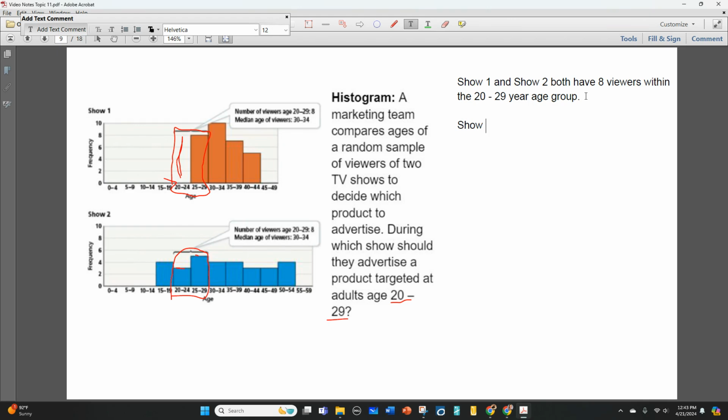So that means in this case, show 2 is probably the better bet because it focuses on all ages, whereas show 1 only has viewers in the larger age bracket, that 25 to 29. Okay, so it has a wider appeal.